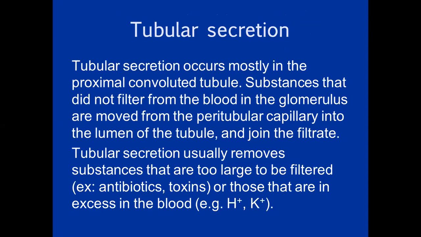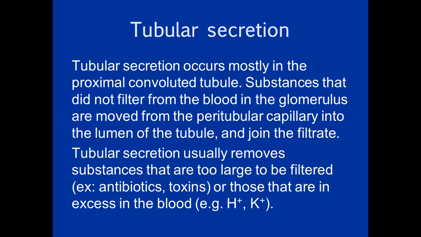So tubular secretion is when those molecules are passed from the blood in the peritubular capillary network into the tubule and then become part of the urine and get passed out as urine. So that is called tubular secretion. And it occurs mostly in the proximal convoluted tubule.